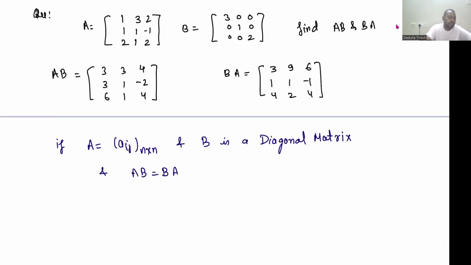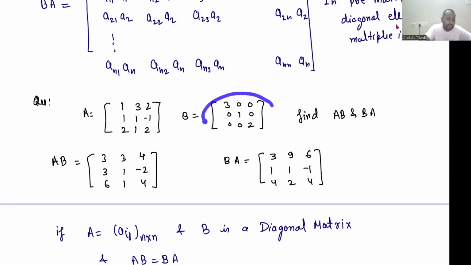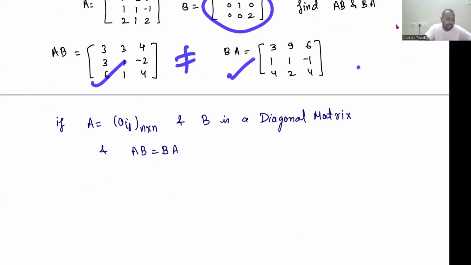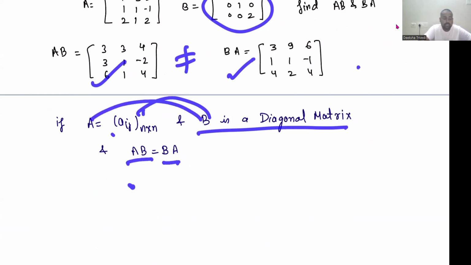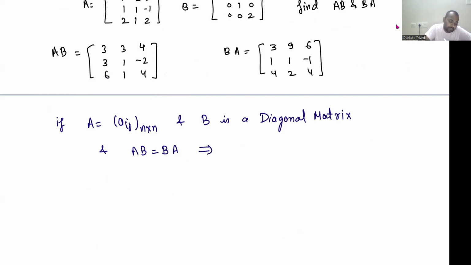Now observe. Here if we take any diagonal matrix and do AB and BA, then AB is not equal to BA in general. The question is saying BA is a diagonal matrix multiplied with A and AB equal to BA. So we are saying these two matrices are commutative. Then B is always a scalar matrix.